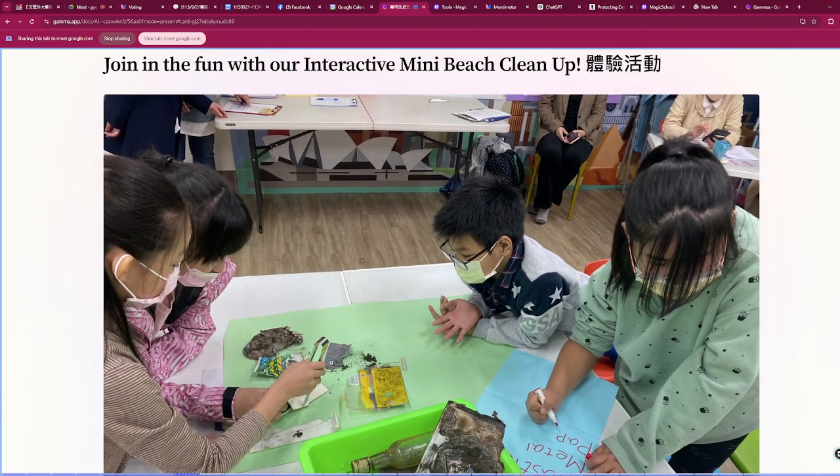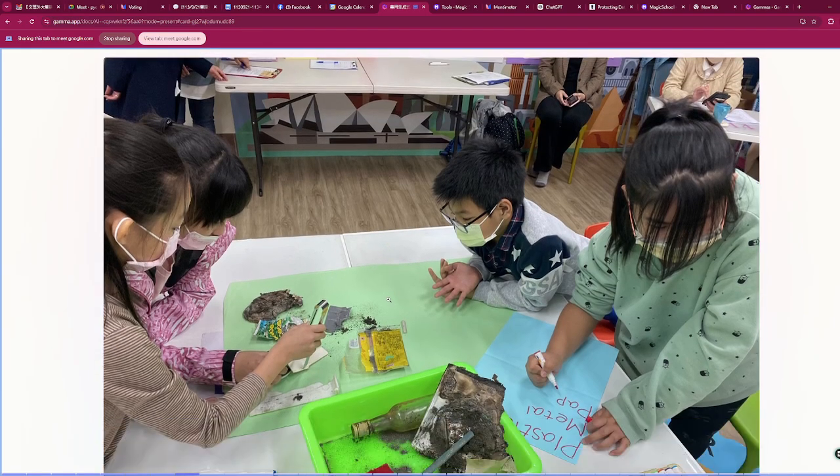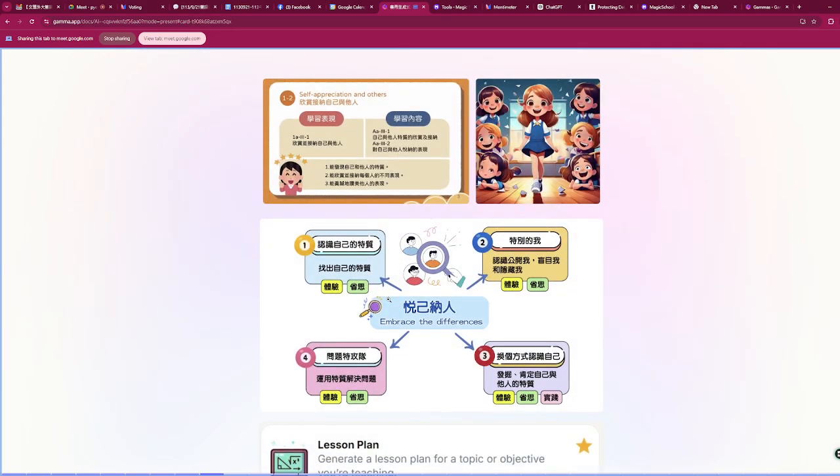But this is a class that I've actually observed in Yilan, a beach cleanup. They went to the beach and gathered some trash from the beach, and asked students to identify and jot down what the trash is, if it's more plastic or if it's more metal, and that's what was actually implemented in the classroom.